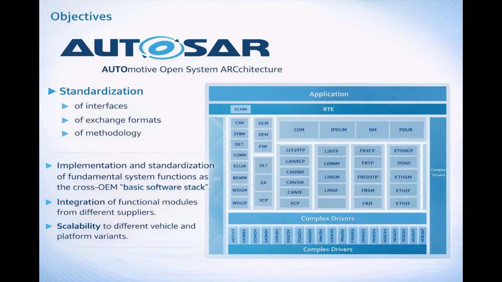We have a non-volatile memory management cluster. We have a communications cluster. We have bus-specific clusters, CAN, LIN, FlexRay, Ethernet. Mode management cluster, microcontroller abstraction layer. So that's all part of the Autosar standard, and you can take any module from any supplier and they will work in theory together with each other.